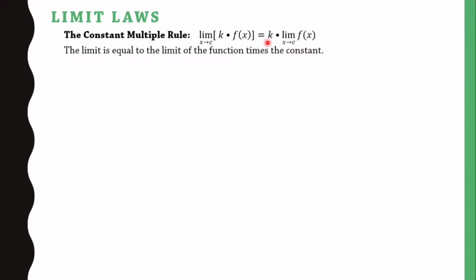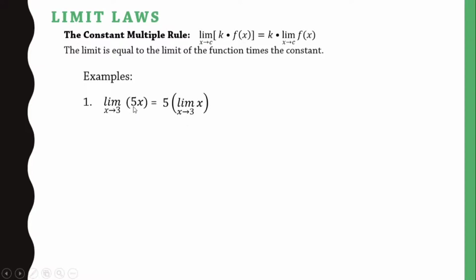To illustrate this clearly, let's have some examples. We have the limit of 5x as x approaches 3. Now, this is considered a constant multiple because we are multiplying our function x by 5. So we separate 5 and x. We take out 5, so that's 5 times the limit of x as x approaches 3.